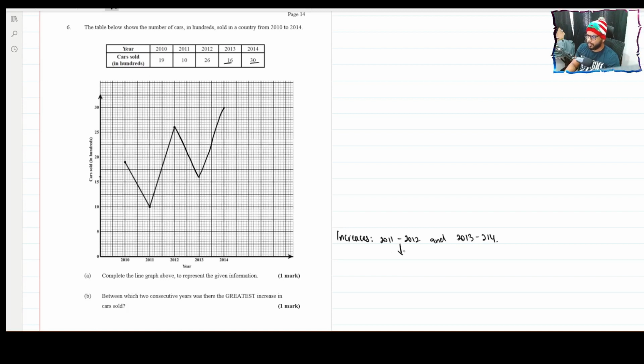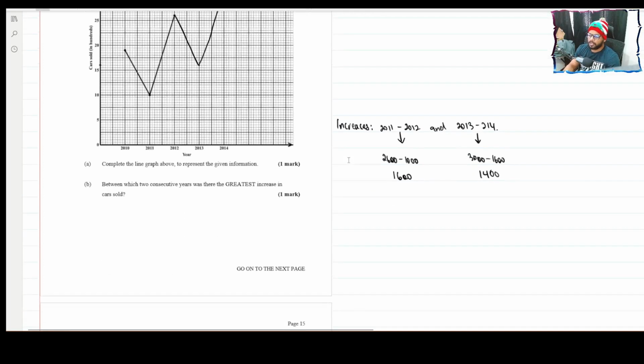You can represent your information like this when you are working it out. You could draw a little arrow underneath. The increase from 2011 to 2012 will be 2600 minus 1000, which will give me 1600. And the increase from 2013 to 2014 will be 3000 minus 1600, which is 1400.